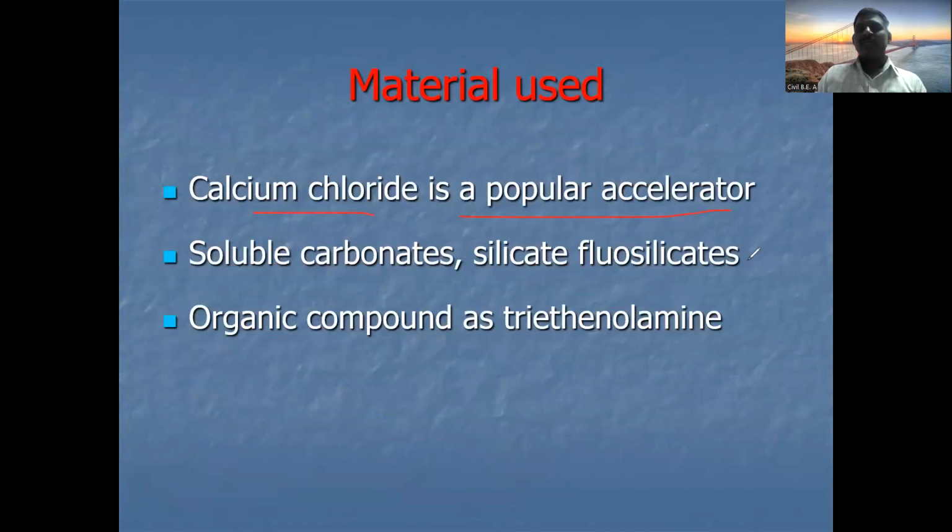Whatever popular accelerator we are using in the market or in concrete nowadays, calcium chloride is one of the materials we are using.